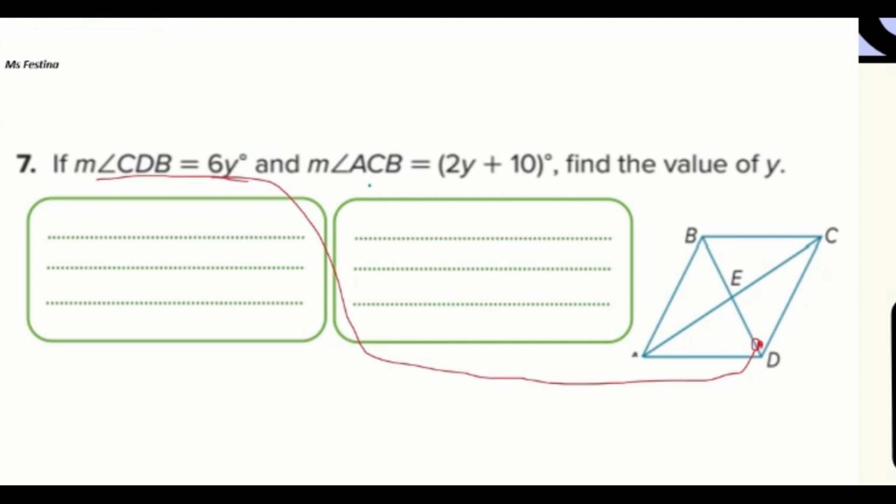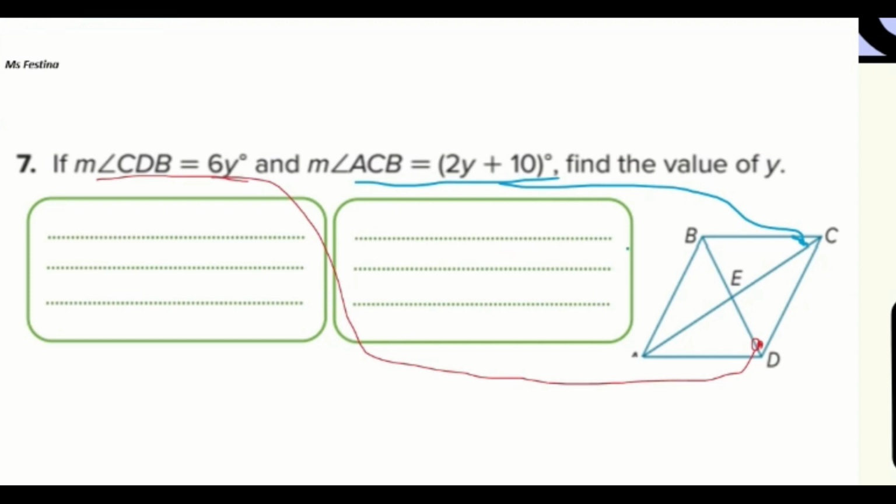And then we also have angle ACB, which is this one here, and we are told that this angle is 2y plus 10. So we need to find the value of y.